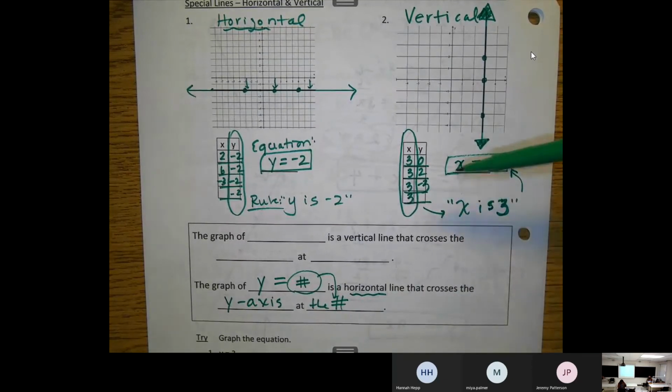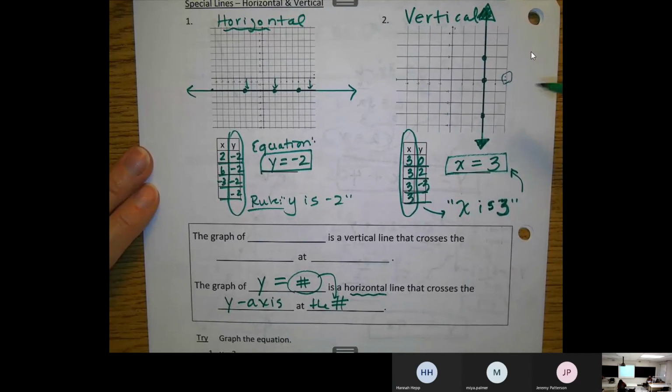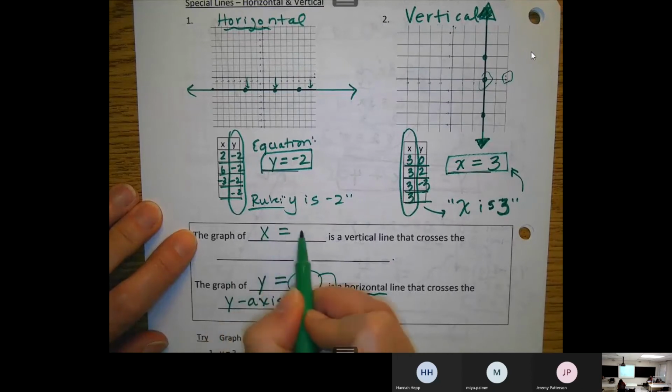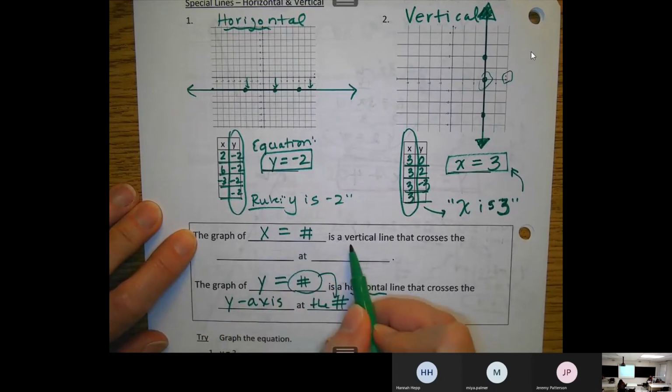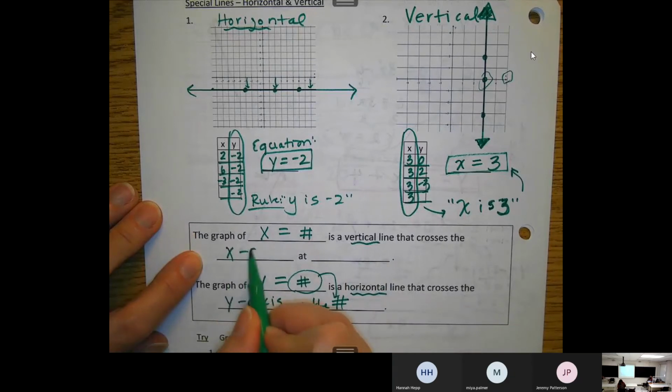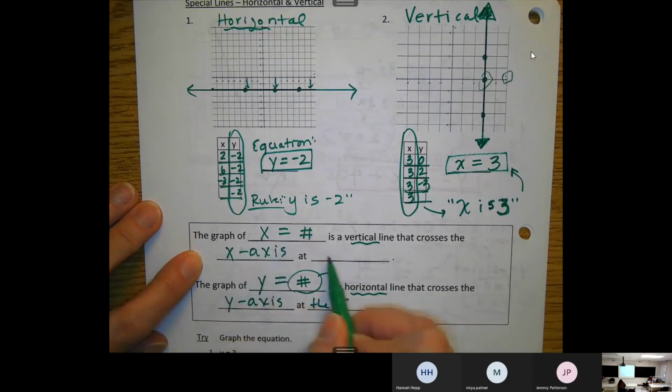So anytime we see x equals, we know it's going to be straight up and down. It's going to cross the x-axis at the number that we see. That'll help us fill in a few more blanks. The graph of x equals any number is going to be a vertical line. It's going to cross the x-axis at that number.